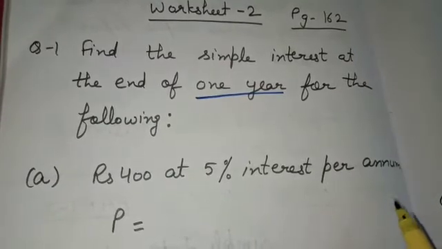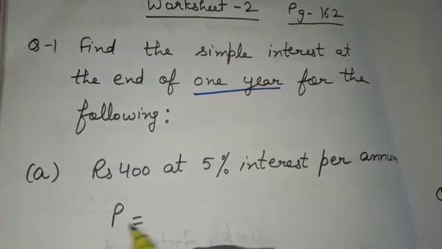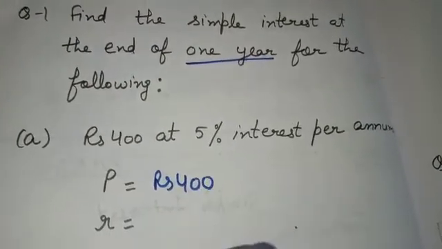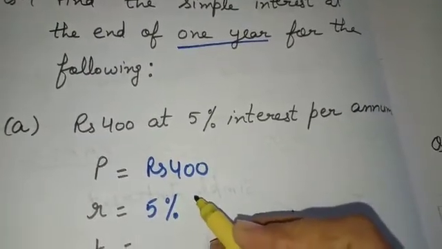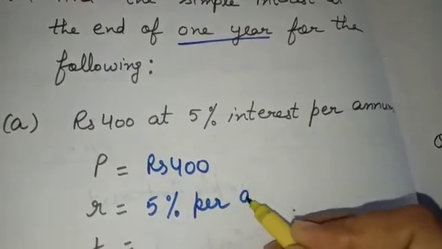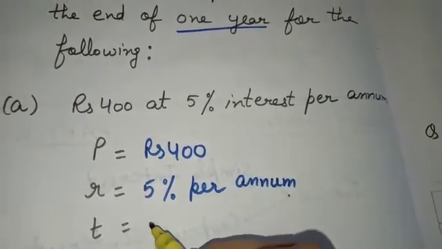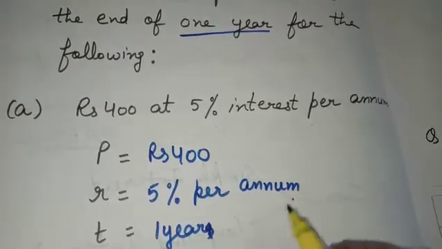And principal, we write P for principal, and P is rupees 400. Small r for rate of interest, that is 5% per annum. And the time, small t, is 1 year, as given.